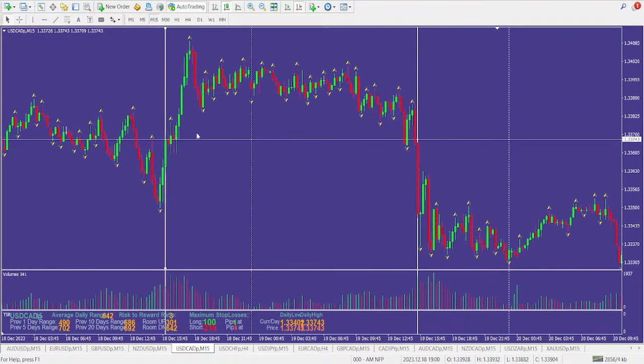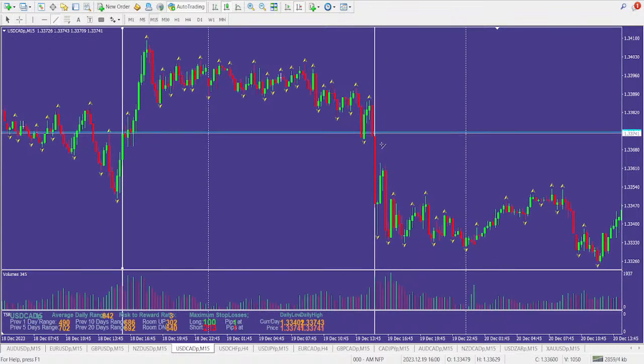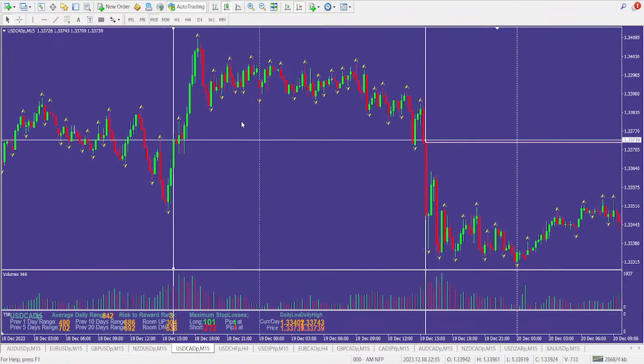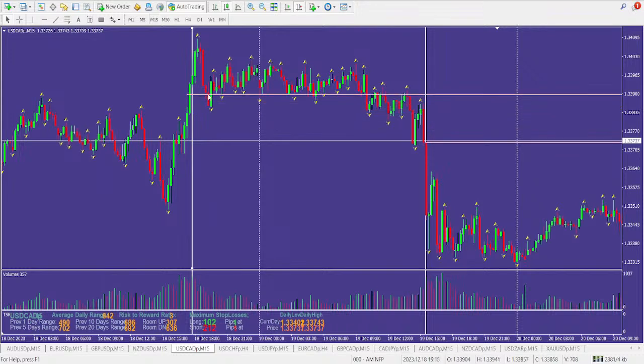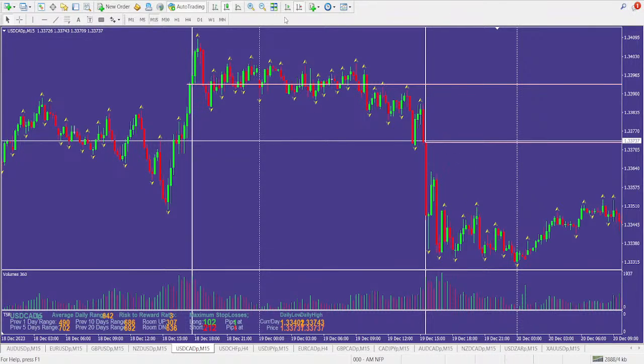Then if we go to here, okay, so that's supply number one. And if we look at supply number two, the next potential level is this one over here, where price pushed down with high volume. So that's going to be supply number 2, December 18, supply number 1, December 19.